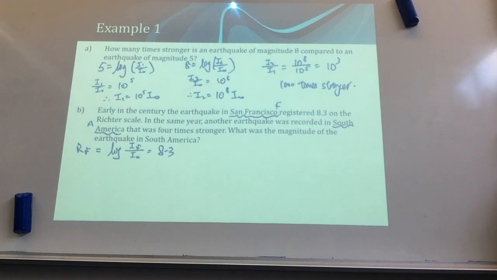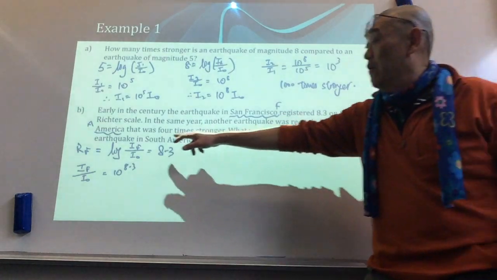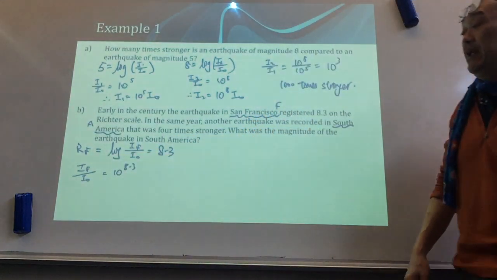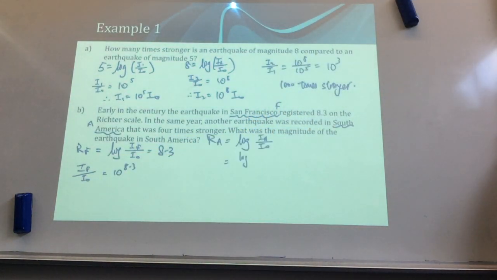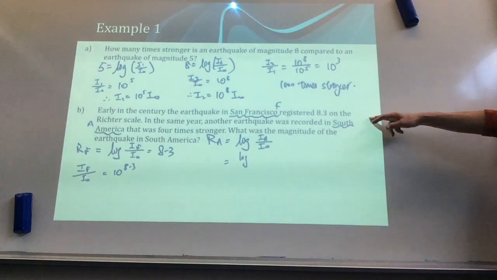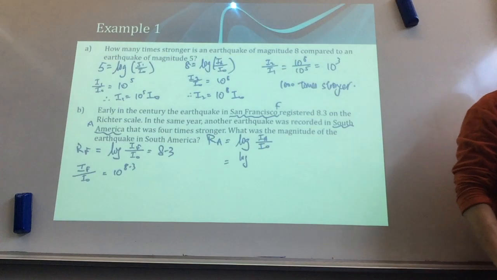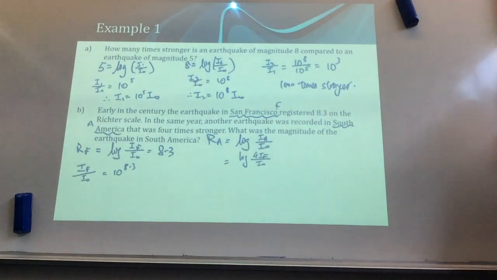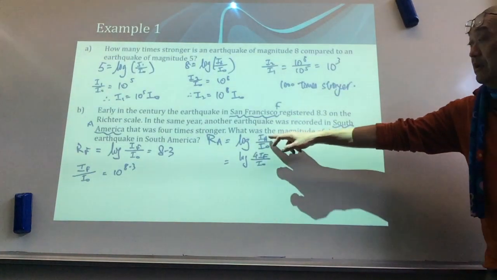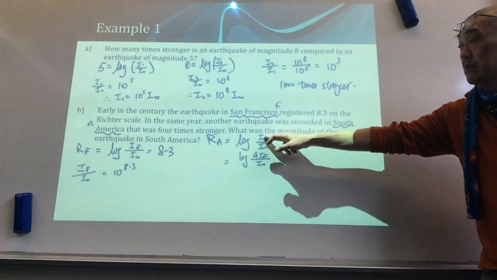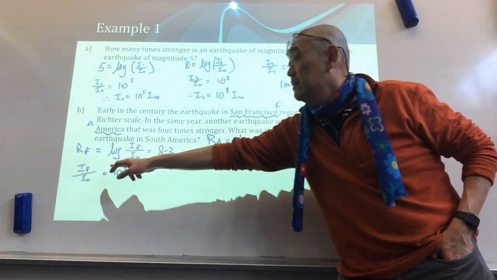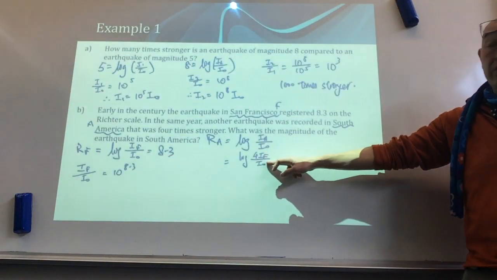All right? Now, we know that, therefore, IF is 10 to the power of 8.3 I0. Now, RA in South America, log of IA over I0. Since this is 4 times, therefore it's 4 IF over I0.